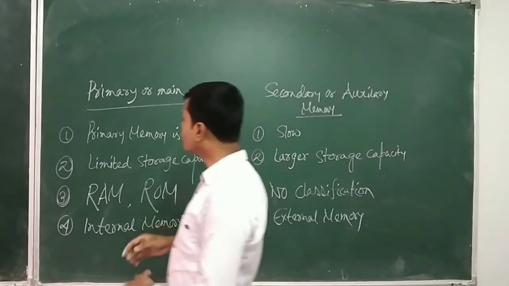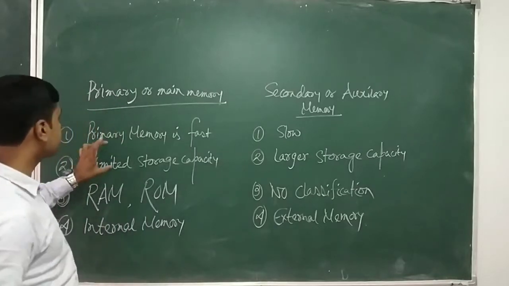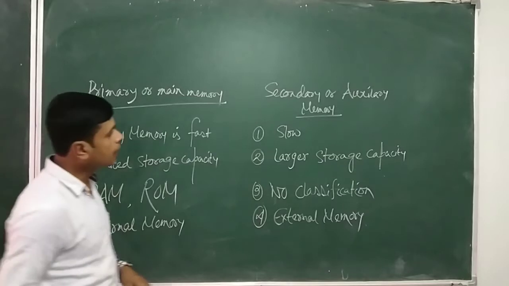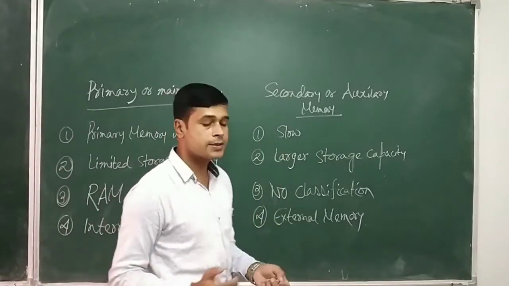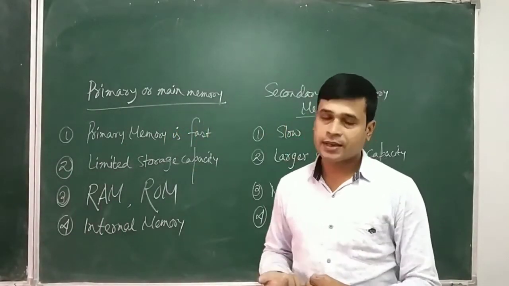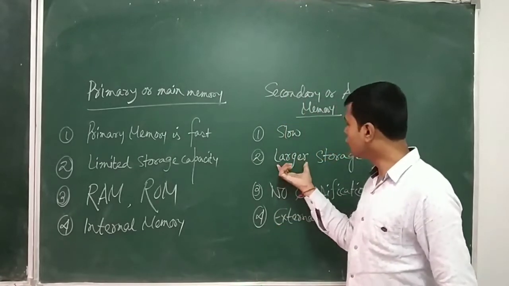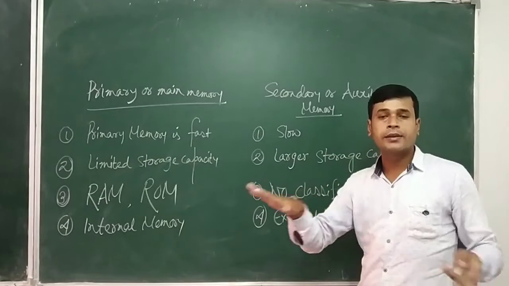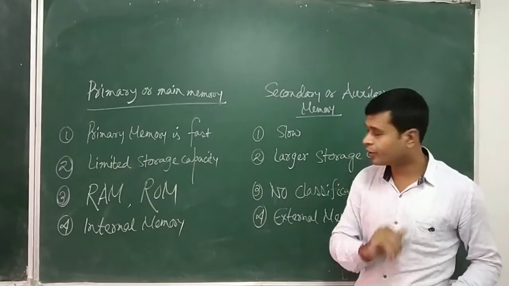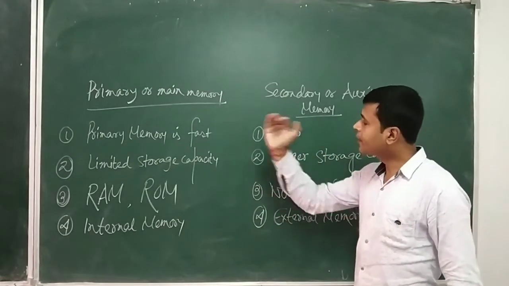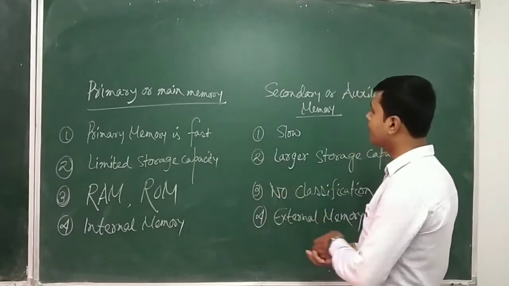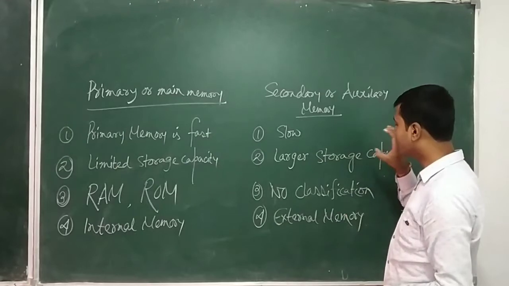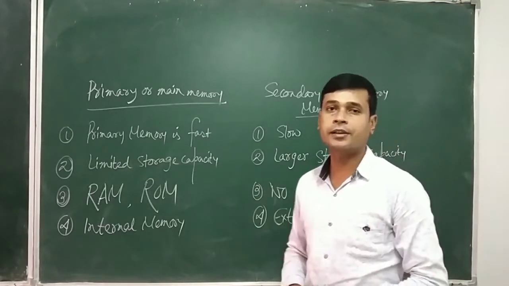Next, number two, primary memory has a limited storage capacity, whereas secondary memory has the higher storage capacity. That means we can store a large amount of data and information in the secondary memory devices. So we will discuss the different secondary memory devices.